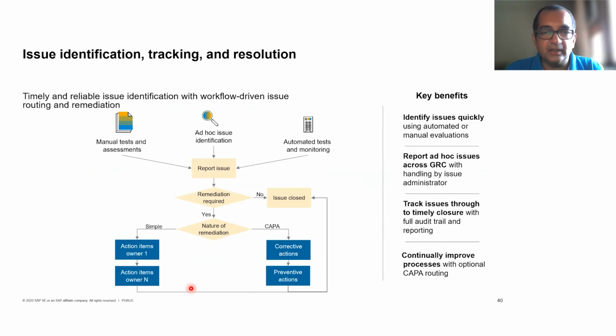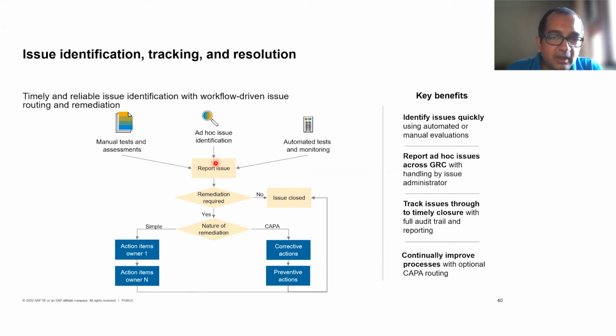Another important area was also around once an issue has been encountered, right? So this could be the automatically generated alerts from the system, or these could also be in terms of the findings of the manual tests and assessments, or as I was saying, even the whistleblower mechanism. So somebody can go and just report an ad hoc issue as well.